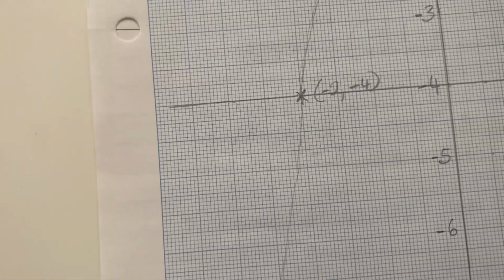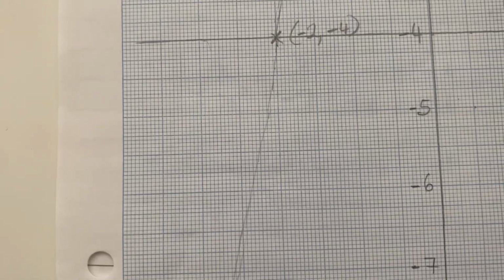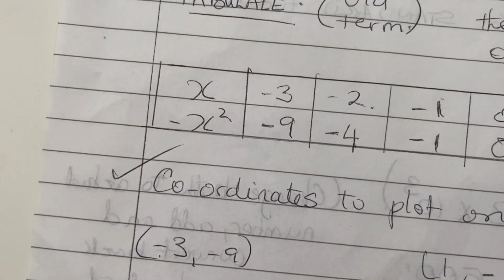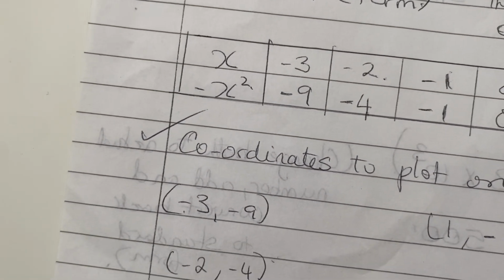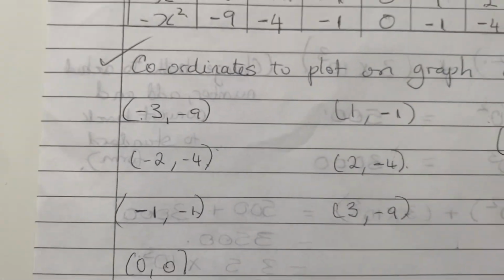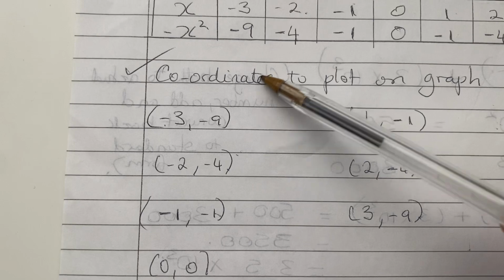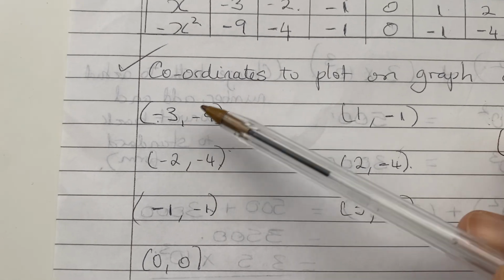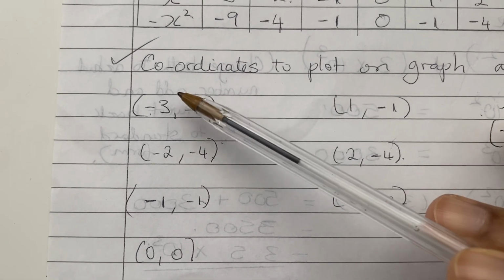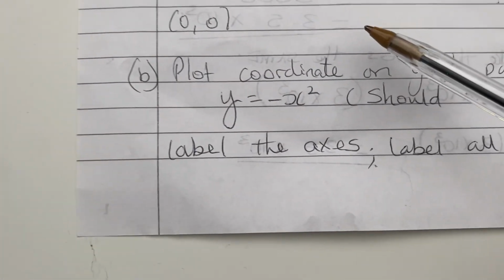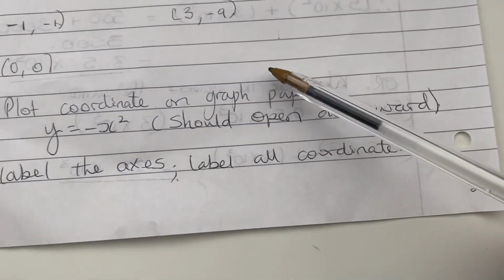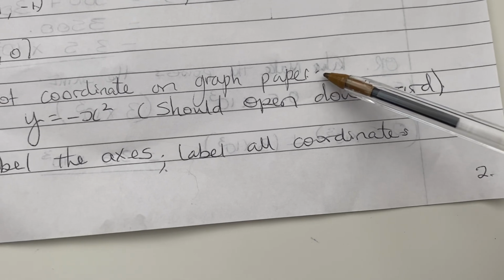So now we are going to use the graph to solve the equations. Okay, so these are my coordinates, and remember the x and the y, not the other way around. So plot coordinates on the graph paper.